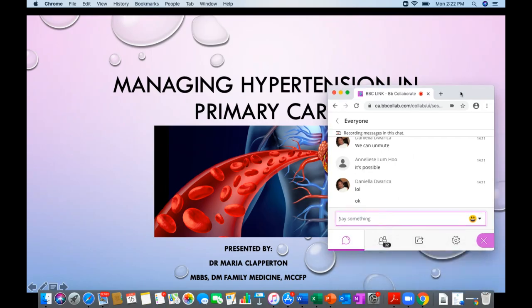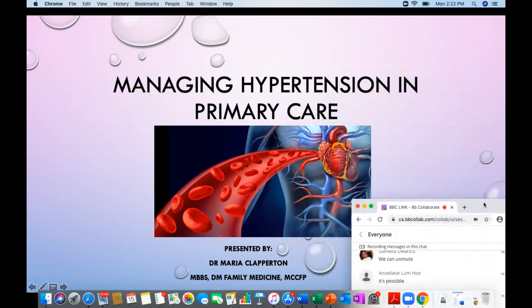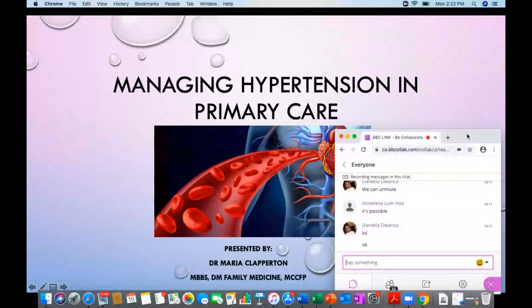So, it's one thing to talk about managing hypertension. I know Doc would have gone over the communication skills, and so this was just a little role play exercise to consolidate what you've learned in the communication skills session, and now moving forward, what to do with a patient who presents with an elevated blood pressure.